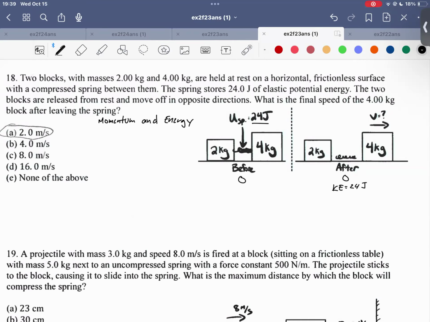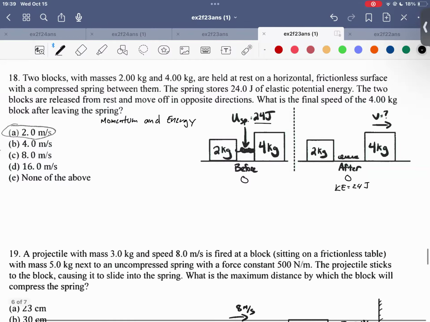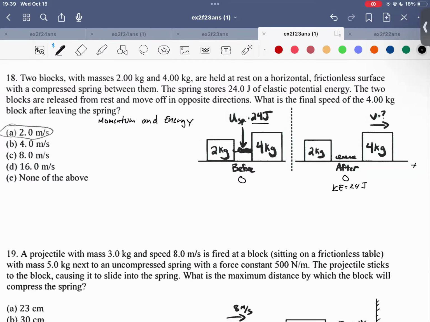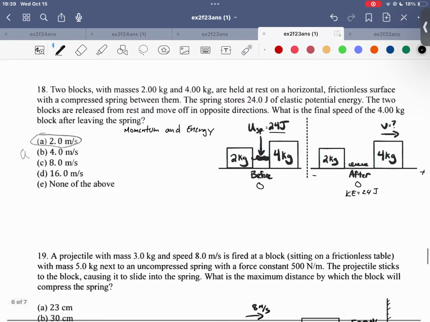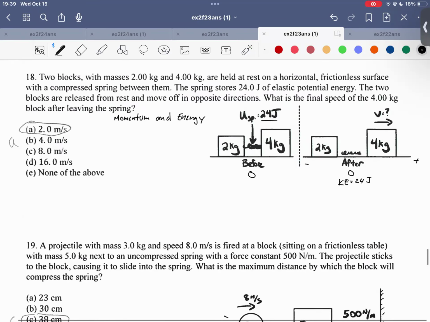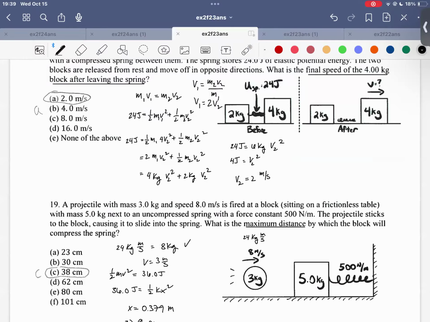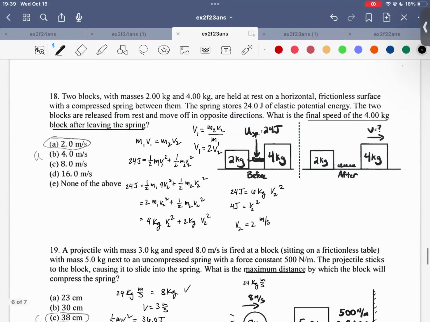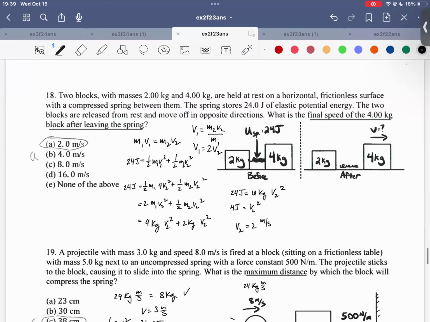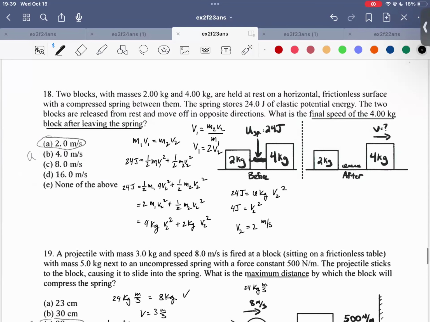Okay, so let's set up our positive and our negative. Let me just check and make sure I'm going to do this one right. Yeah, okay, this one's a little bit harder.